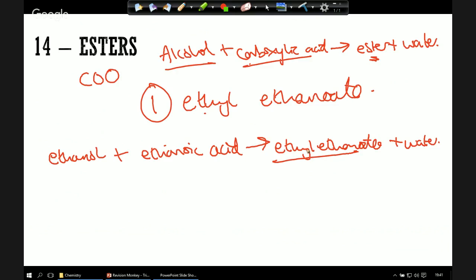But you would also perhaps have to recognise an ester by seeing a molecule with this functional group in it, this COO, as opposed to the COOH that you see in a carboxylic acid. And I'll just show you where you would get that from. So if I were to draw ethyl ethanoate, it would look something a bit like this.